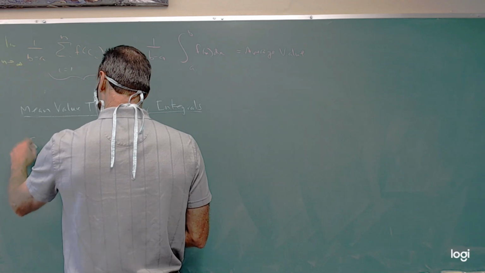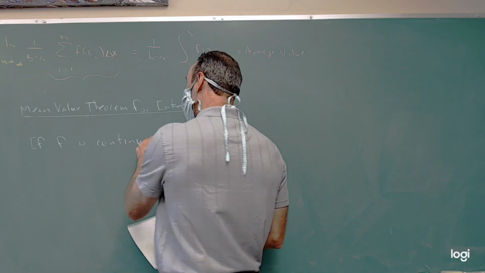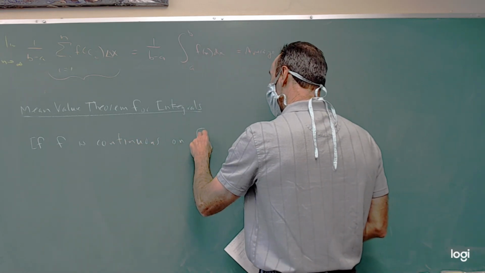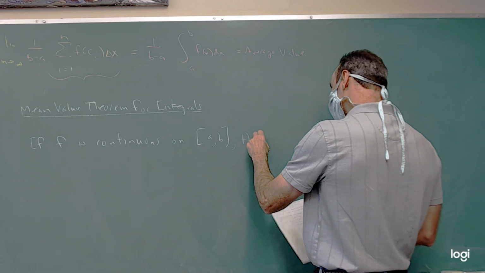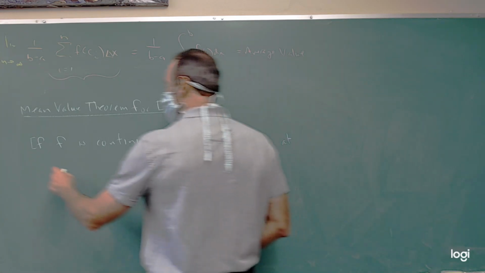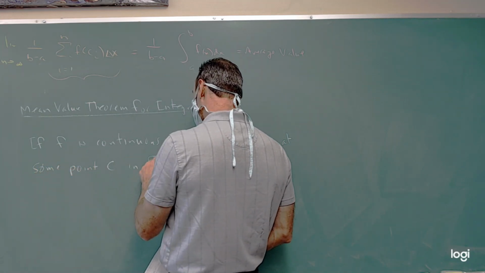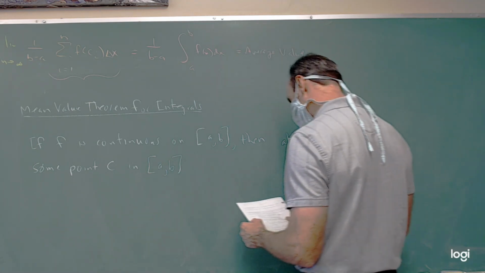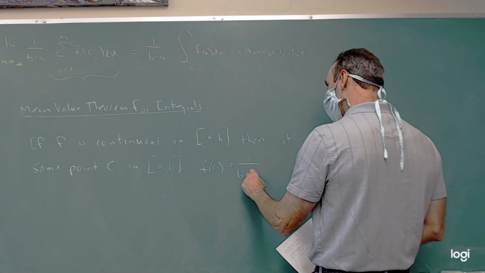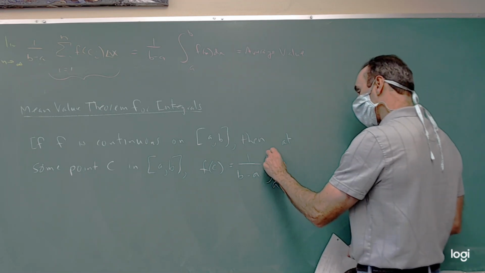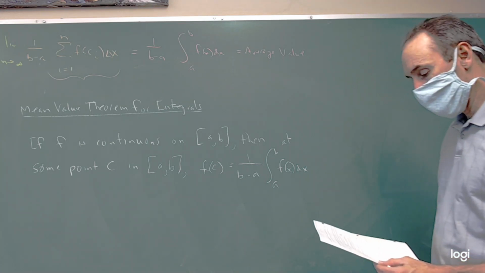If f is continuous on the closed interval from a to b, f is continuous on that interval from a to b, and at some point c in that interval from a to b, f of c is equal to 1 over b minus a times the integral from a to b of f of x dx.